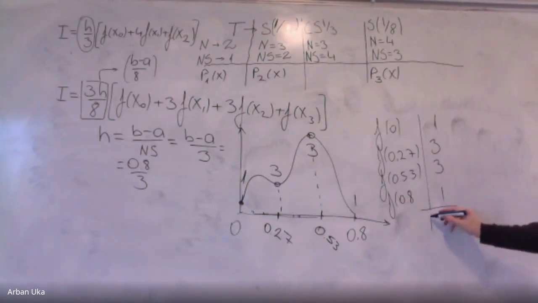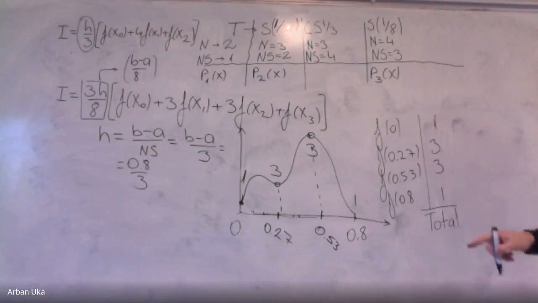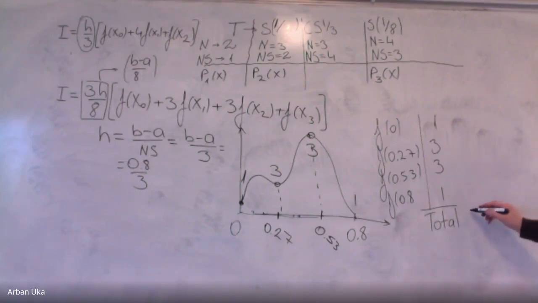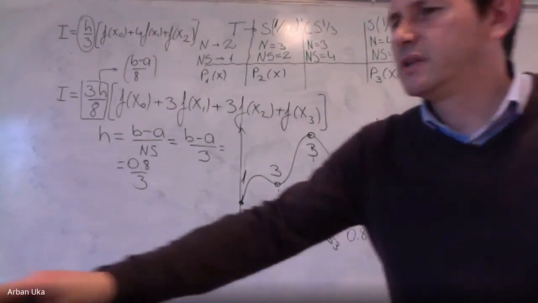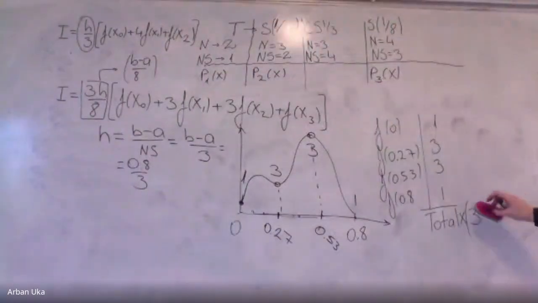We calculate the total here, we add this up, we find the total after we multiply everything, and we multiply them with 3h over 8. 3h over 8 is going to be b minus a over 8, which in this case is going to be, we multiply this with 0.8 divided by 8.